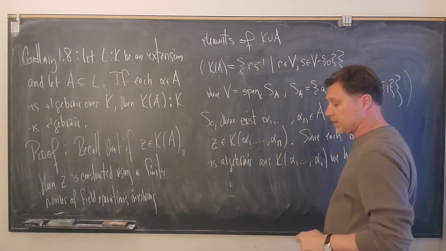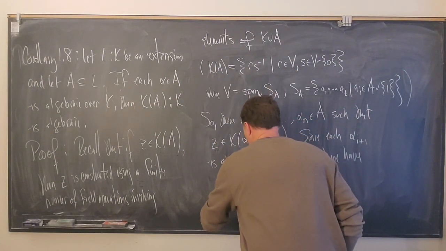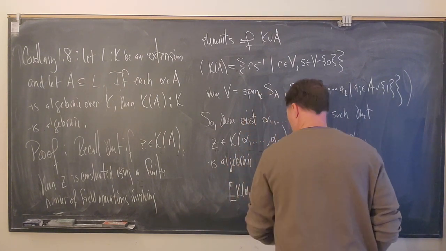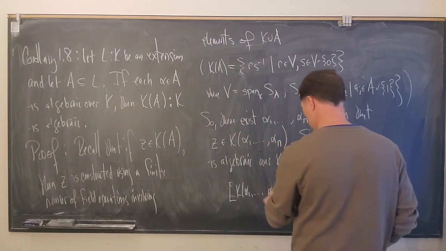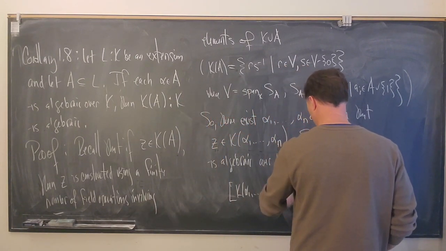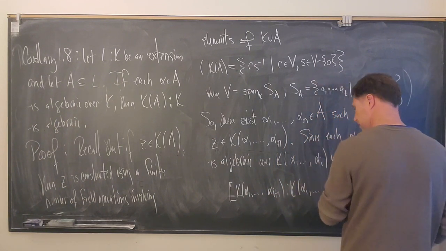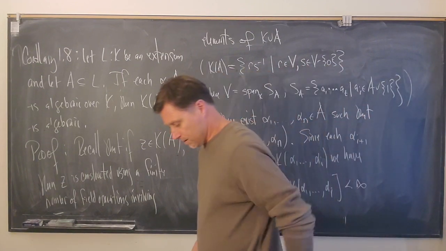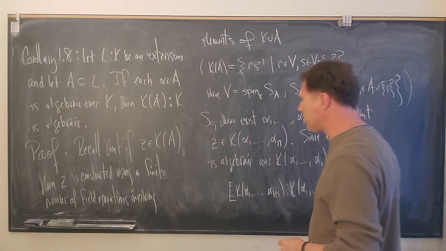We have that the extension K adjoin alpha 1 up through alpha I plus 1 over K adjoin alpha 1 up through alpha I is finite. And so now, just run the Tower law just like I did a minute ago.